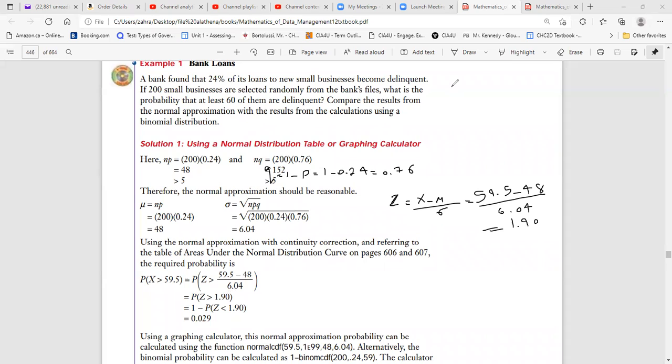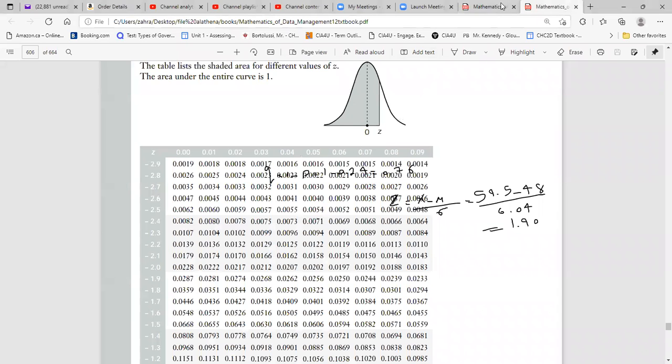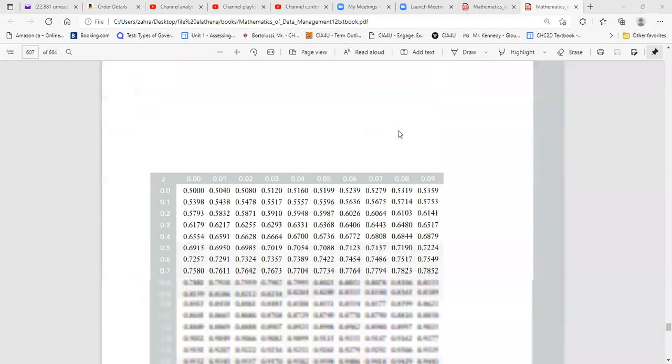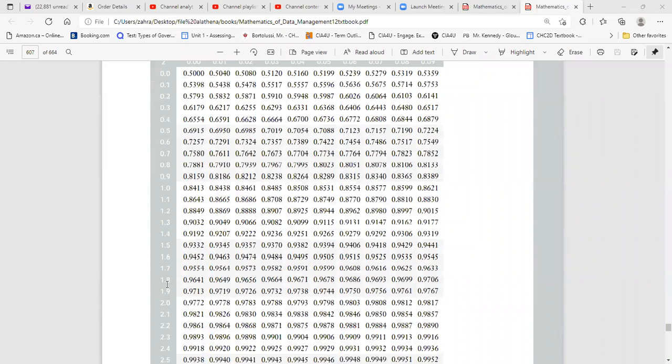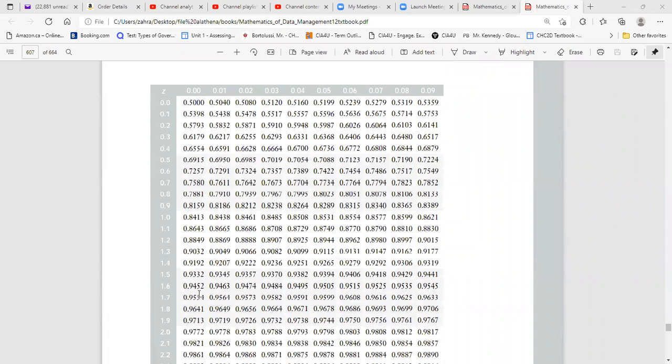Now we look at the table. This is for the z-score, to find 1.9. Let me just erase this. This is the positive 1.9, so going to the positive values here, 1.9 there, which is 0.97.